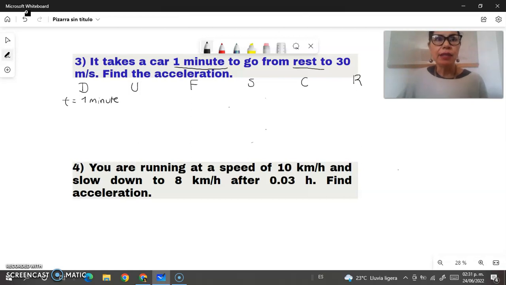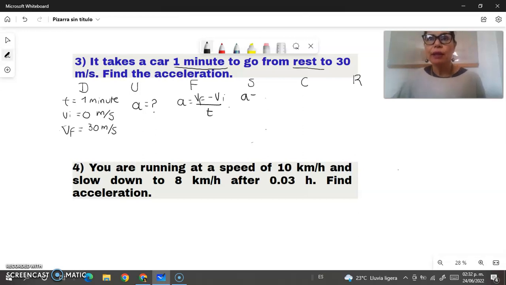So the initial velocity is 0 meters per second. And the final velocity, it reaches 30 meters per second. Okay, unknown: acceleration. Formula: final velocity minus initial velocity over time.